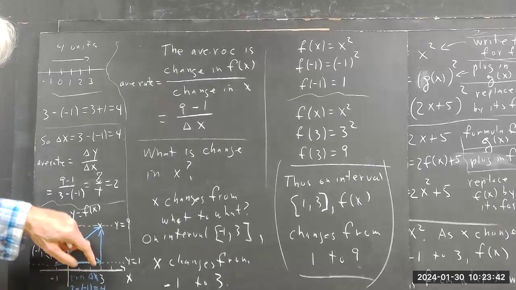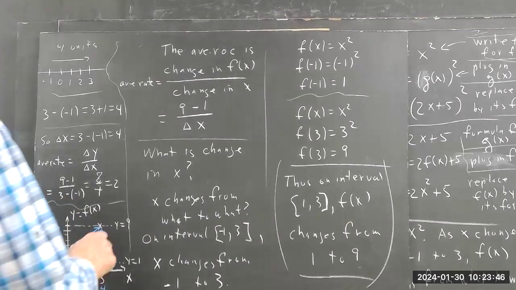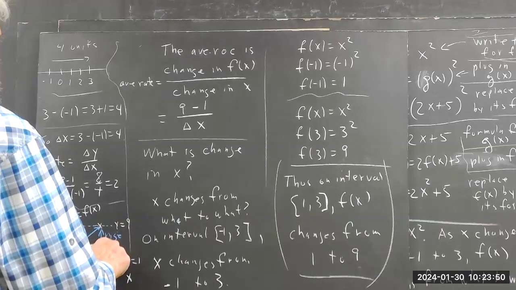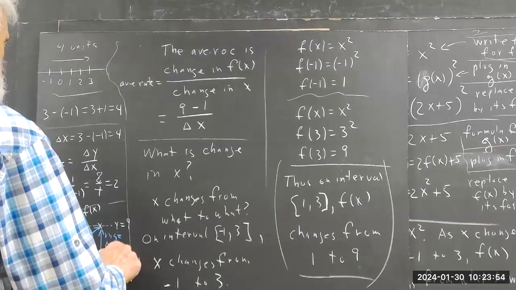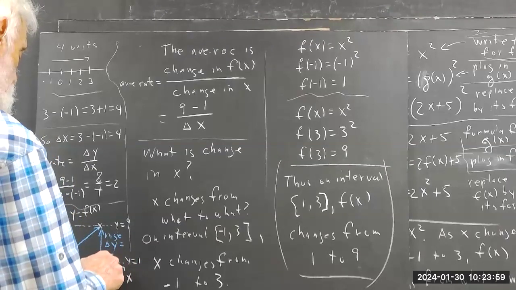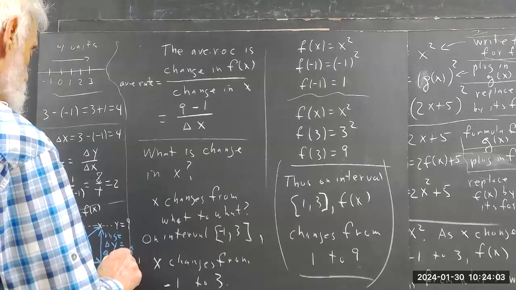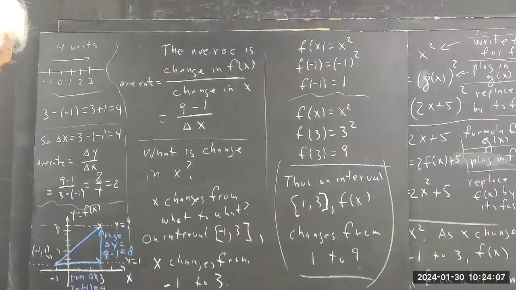X changes from here to here. Well, the run goes from here to here. There it is. And the rise is 9 minus 1, which is 8.